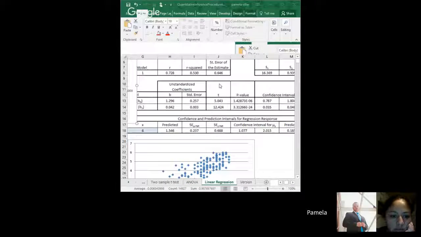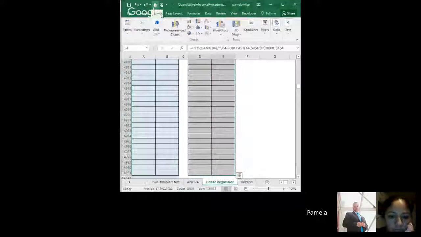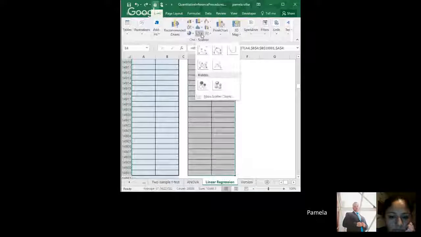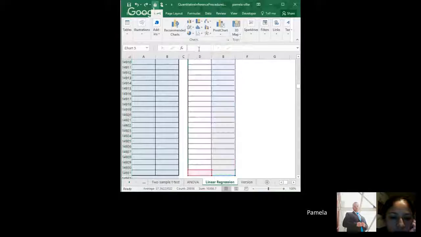So we have to make that one with both columns. Yeah, you select this one and that one, insert a scatter plot like this one. It says the first one.